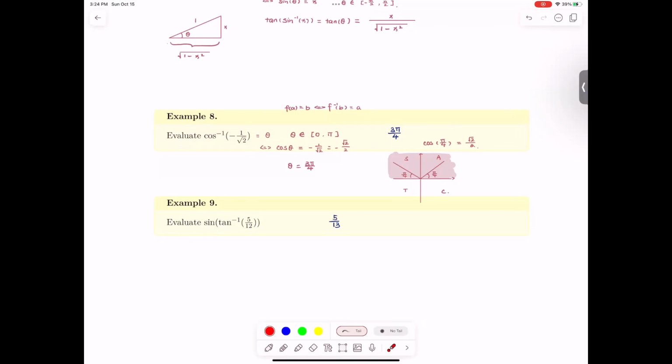Why? Do you guys remember the unit circle? How do you calculate sine, cosine? For example, I have a point here.